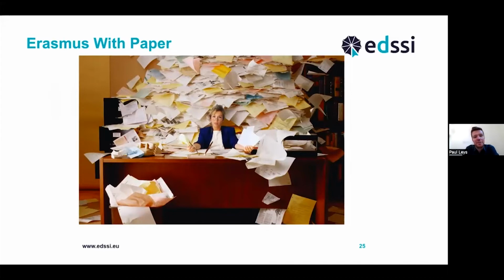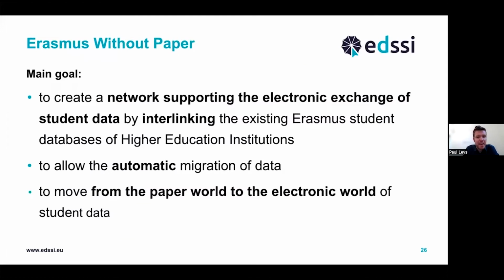And then when we look into Erasmus Without Paper, next slide, the main goal is to support electronic exchanges of student data. And we want to achieve this by interlinking existing databases where systems can talk to each other and exchange information about mobility students, exchange information about interinstitutional agreements, about learning agreements, nominations, confirmation of stay, arrival, transcript of records, and so forth and so on.